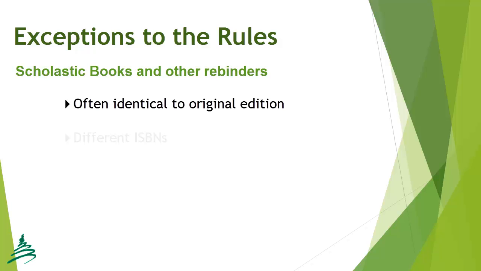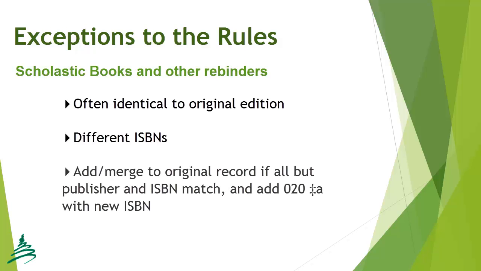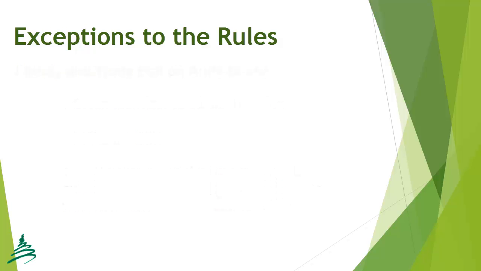Scholastic books often feature a different ISBN than what was on the original version. Catalogers may add their holdings for a scholastic version of a book to the record or merge with the original version despite the difference in publisher and ISBN, as long as the publication date and all of the description in the 300 field matches the book.